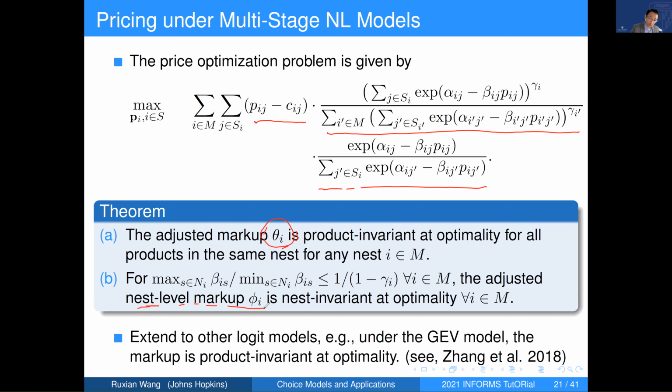And then the original multi-dimensional optimization problem can be simplified to a single-dimensional problem. And moreover, we can find that under the GEV model, the markup is also the same for all the products at optimality.